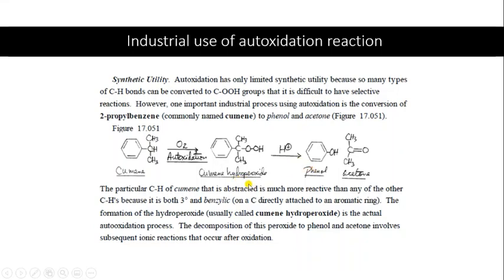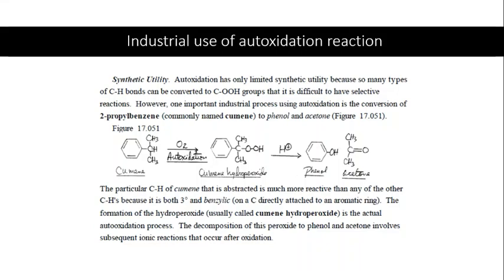So sometimes this reaction can be used for beneficial purposes. You can see in this picture that the cumene has been allowed to react with oxygen, resulting in phenol and acetone, which are useful organic compounds.